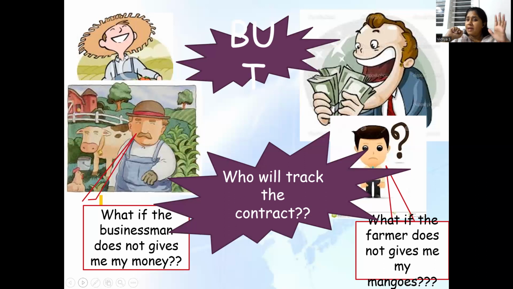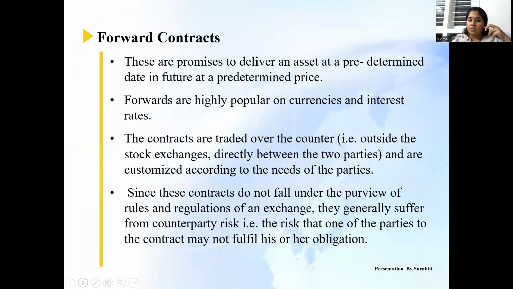Will he take my mangoes and cheat me? The second one, what if the farmer does not give me my mangoes, which I wanted? Will he give them to another person, or will he cheat me? These are the two ends where they have the confusions. Then who will track the contract?